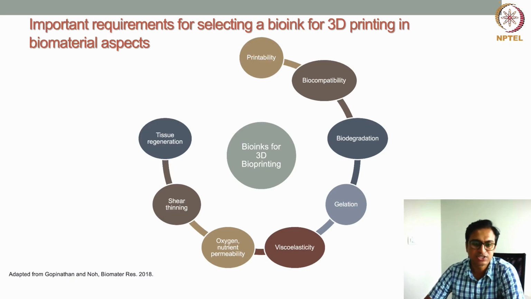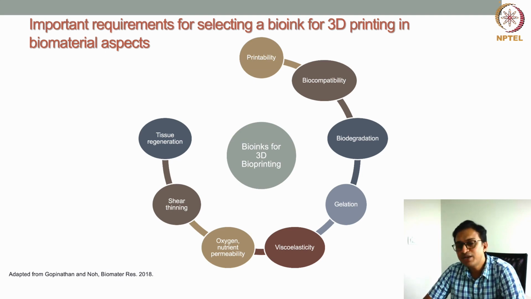Then the material should support tissue regeneration, because when we incorporate or encapsulate cells within the bioink, the bioink provides the necessary microenvironment or support structure for the cells to function: grow, mature, migrate, regenerate.